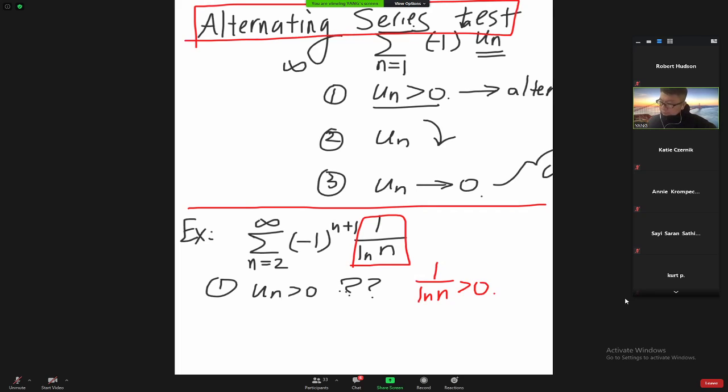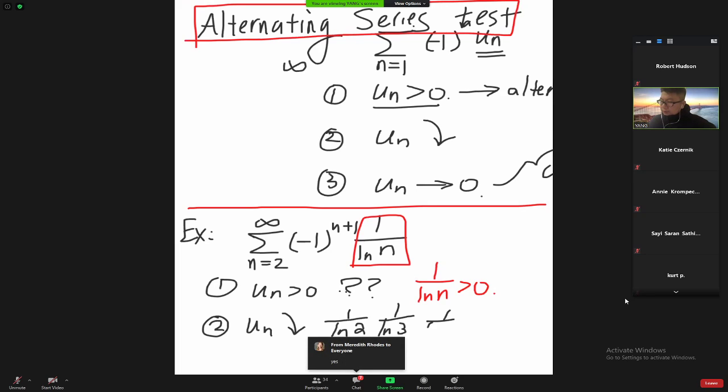Number 2, is u_n decreasing? 1 over natural log of 2, 1 over natural log of 3, 1 over natural log of 4, 1 over natural log of 5. So that's decreasing, right?